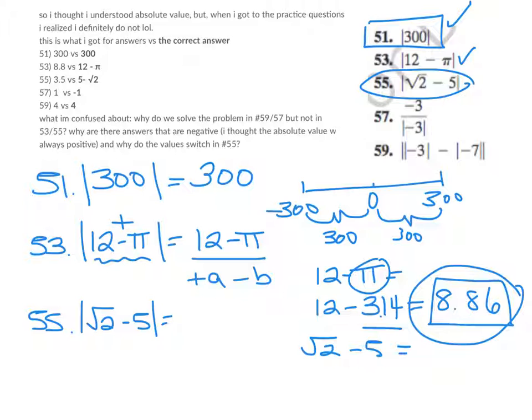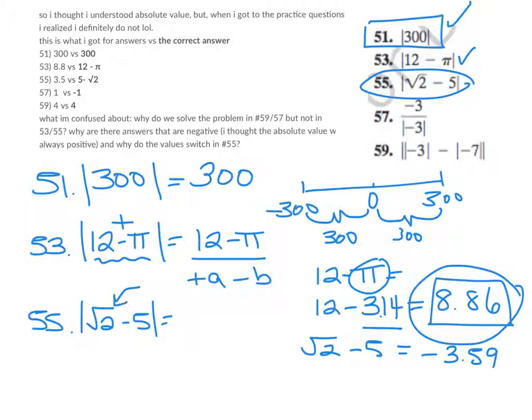It's a non-repeating decimal that goes on and on and on. And then I'm going to subtract 5 from that, and then I'm going to get a very long answer, negative 3.58, and that's going to keep on going. So it's a non-repeating decimal that keeps on going, and it's negative.